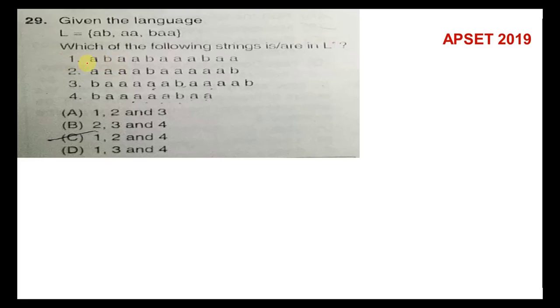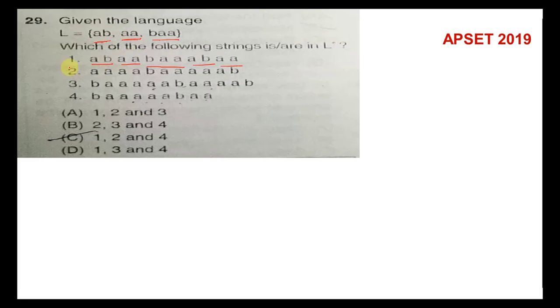See the first option, AB. AB is valid according to the first string of the language. Next one, AA is valid according to the second string of L. Next, BAA is valid according to the third string of L, and AB is valid according to the first string, and AA according to the second.